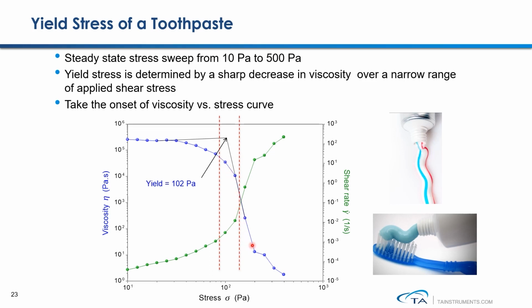This indicates that the stress is passing the yield of the toothpaste and the sample starts to flow. From these test results, we then take the onset value from this viscosity versus stress curve. From the results, we can identify that the yield stress of this particular toothpaste is about 102 Pascal.